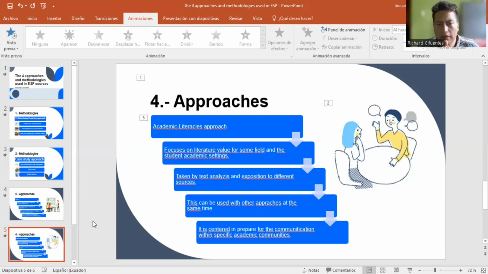Then this approach can be used together with other approaches, for example CBI, the previous one, the problem or the case approach, because it is not designed only for a particular environment.